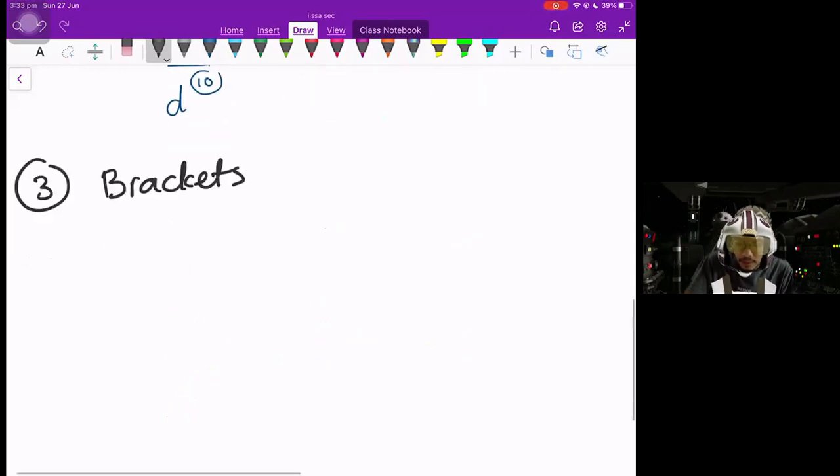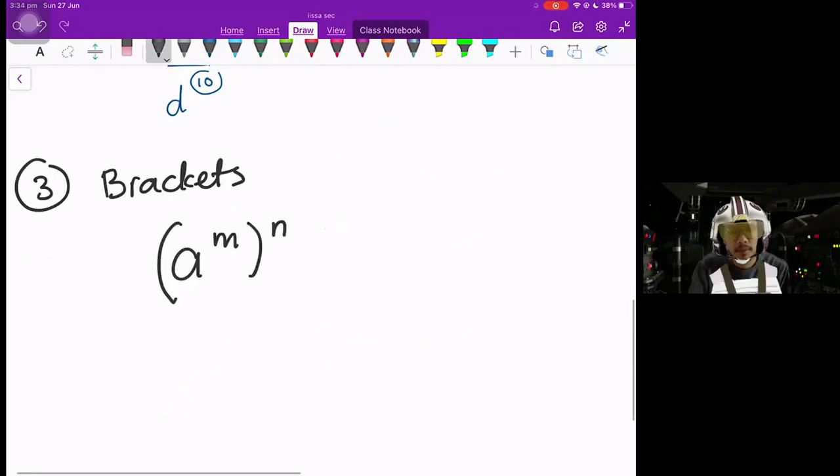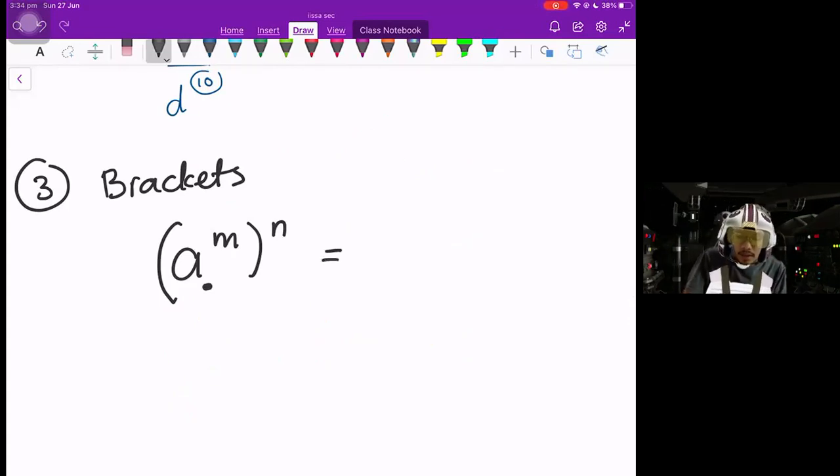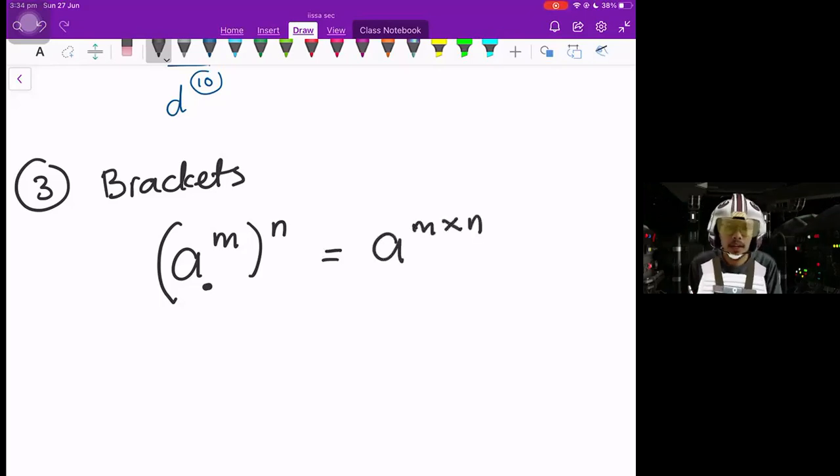Let's say we have a to the m, all to the power of n. So a power onto the bracket of the power, means kita ada bracket, kat luar ada power. What we need to do here is a to the m times n.